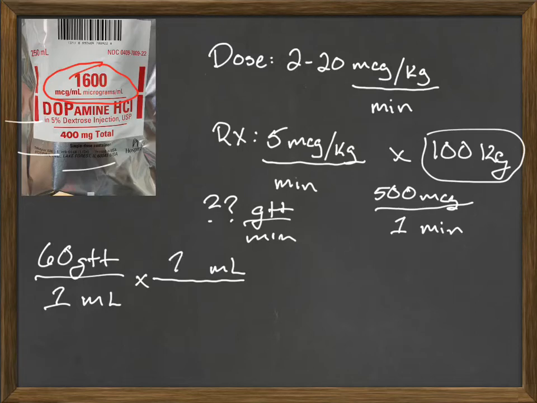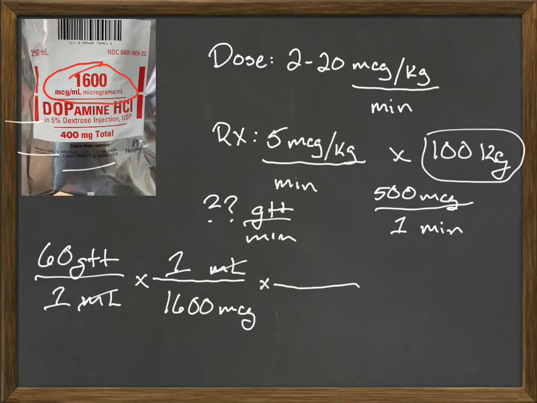So in 1 milliliter, there's 1600 micrograms. Always pay attention to these concentrations that you're going by the same dosing. So we've got micrograms from the concentration because we need to give micrograms. If not, you're going to have to do your conversion, which you could put into this at the beginning, but make sure you are always with your same concentrations.